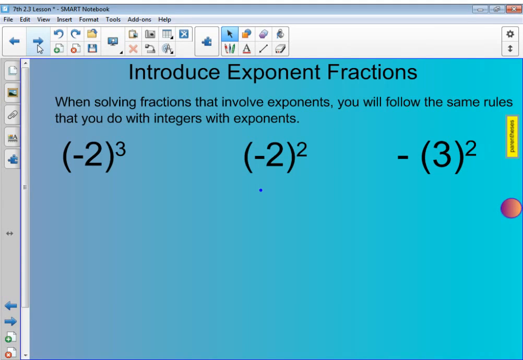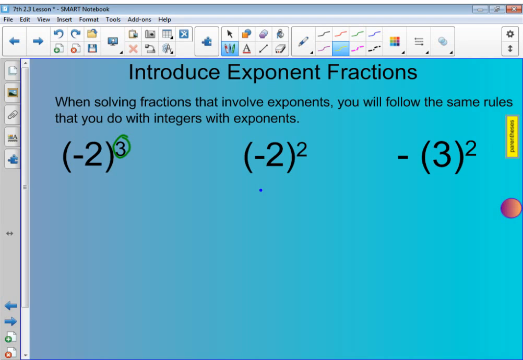Okay, so we also have where we're gonna go ahead and work through working exponents with fractions. Okay, so we're going to review what we did back in chapter 1 when we did integers. So when we had that negative sign included in the parenthesis, we could use our exponent to help us decide if it was going to be positive or negative.